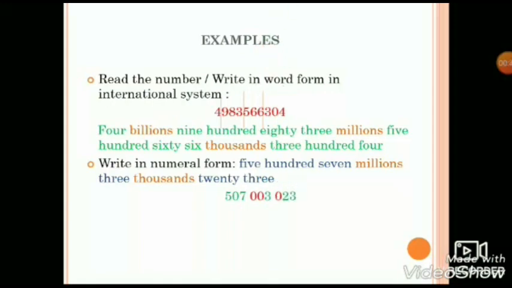Then 3 thousand, that means in the thousands place there should be 3 digits, so we should write 003. And in the ones place also there should be 3 digits, so instead of 23 we will write 023, and together it is 507,003,023.